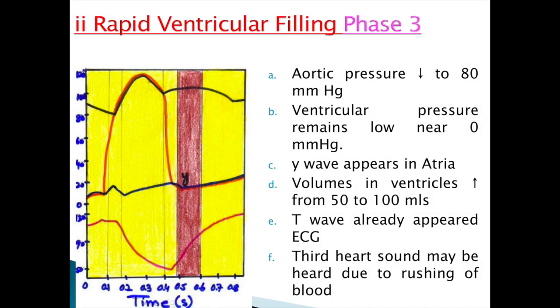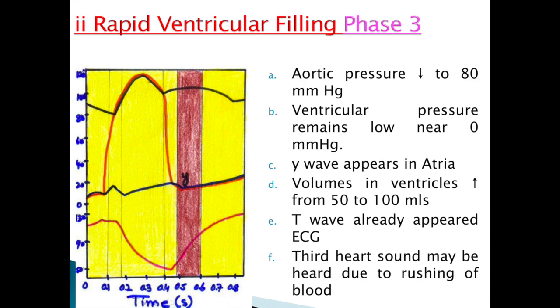If you see the diagram of the waves and curves in the second phase of ventricular relaxation and third phase of the cardiac cycle, the first wave is the aortic pressure wave. Here the pressure falls down to 80, and the valve is closed.